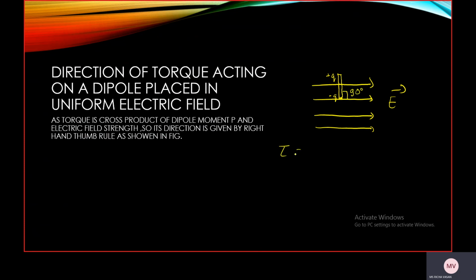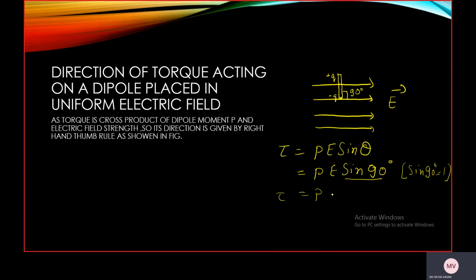And we know that torque is equal to P E sine theta. So here we will put P E sine 90 degrees, and we know that sine 90 degrees is equal to 1. So torque is equal to PE. This is the maximum value which a torque can have.